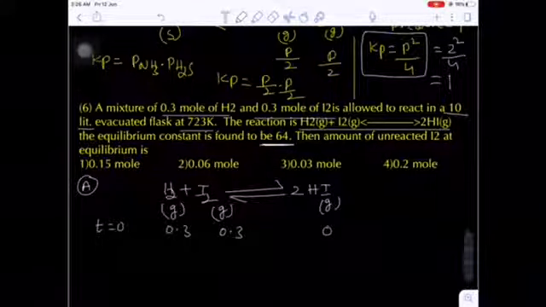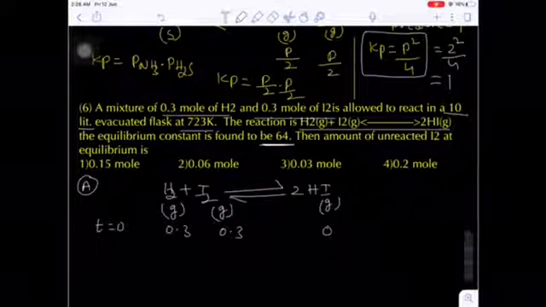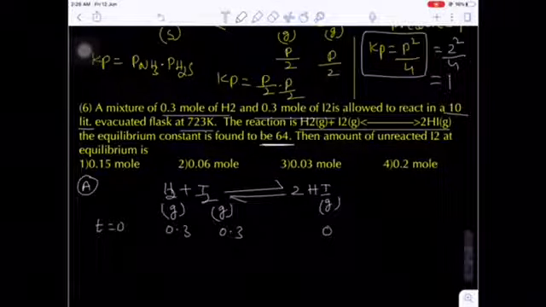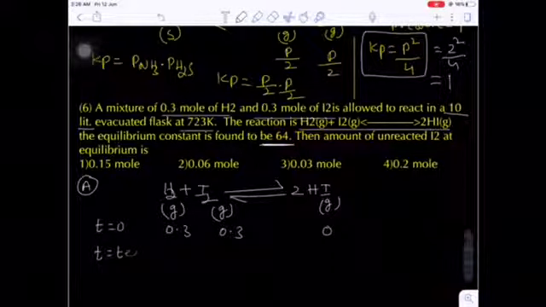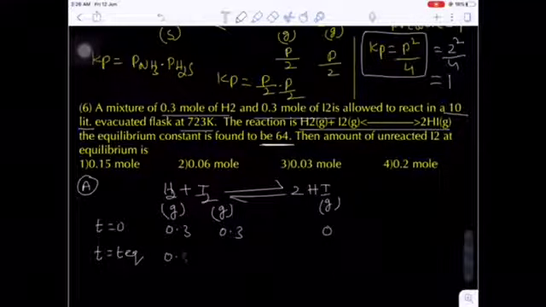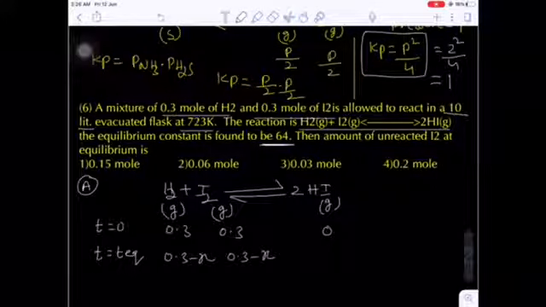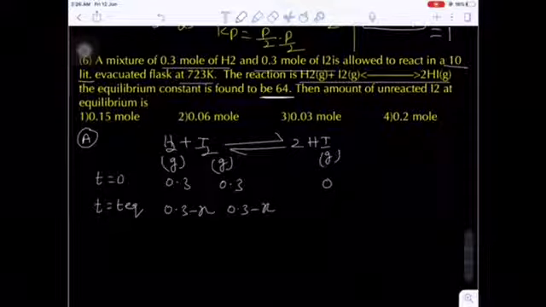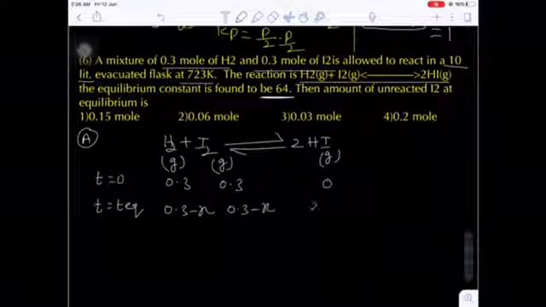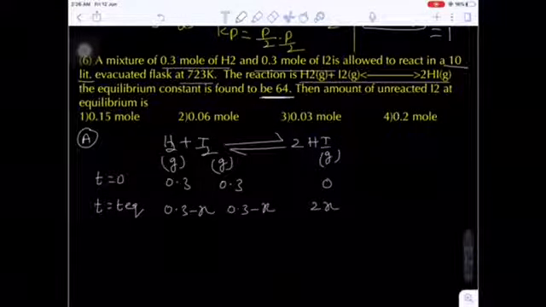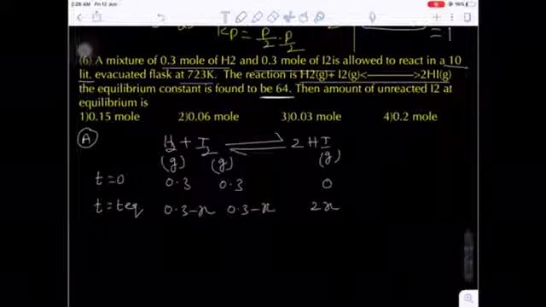The container volume is 10 liters, and the temperature is 723 Kelvin. Let's suppose that when the system attains equilibrium, x moles of H2 decompose, according to which x moles of I2 also decompose, because of the 1:1 stoichiometry ratio of reactants, and 2x moles of product will be formed.